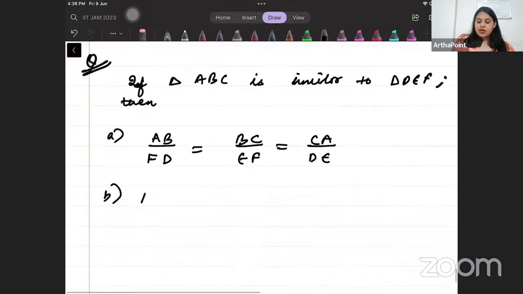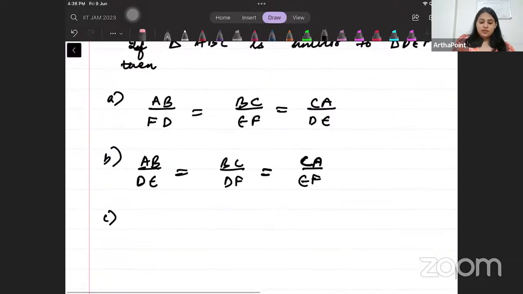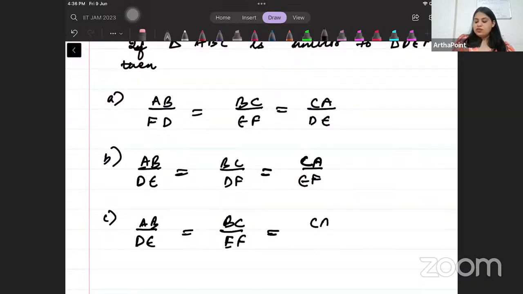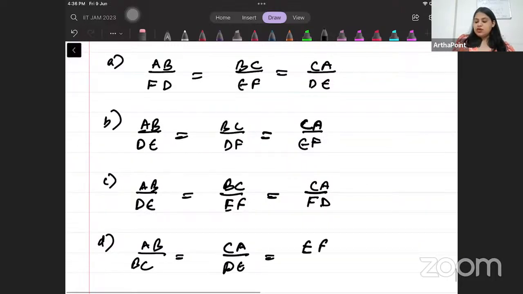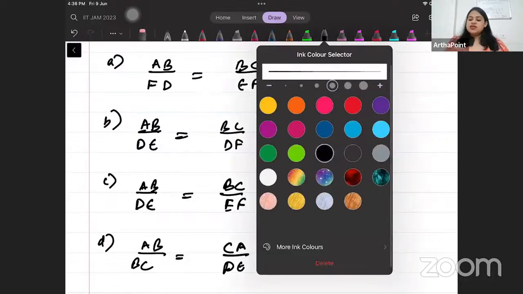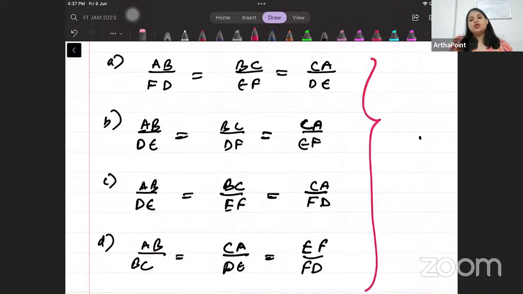B, AB by DE is equal to BC by DF is equal to CA by EF. C, AB by DE is equal to BC by EF is equal to CA by FD. And D, AB by BC is equal to CA by DE is equal to EF by FD. So the triangles are similar. You have to tell me which of the following will hold true.